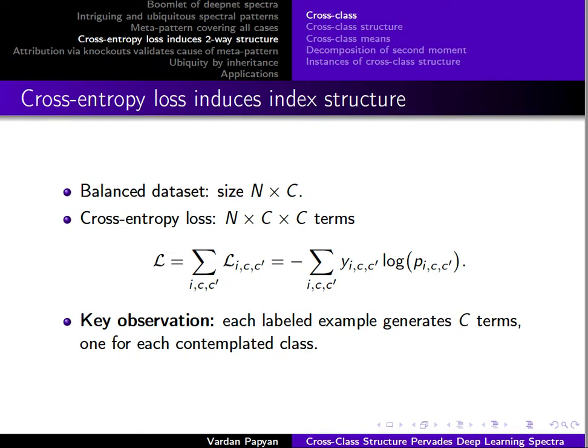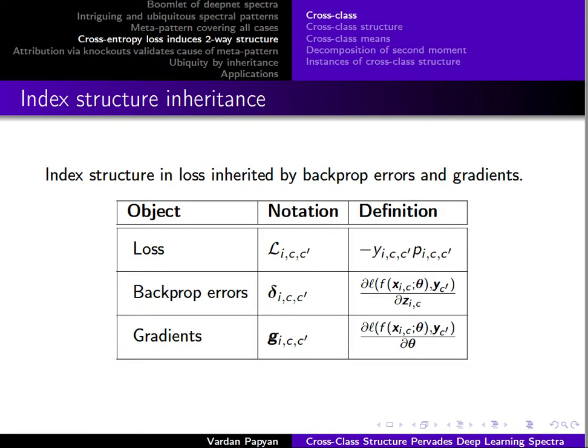Cross-class, cross-class. So what happens is that this 3-index structure appears in different quantities because it is inherited by these different quantities. So for instance, you could think of the gradients of SGD. What is the gradient? The gradient is the derivative of your loss with respect to the parameters in the model. So that's what you can see here.